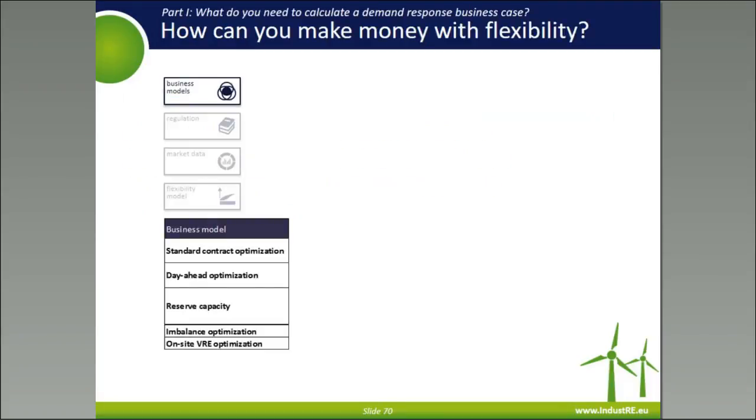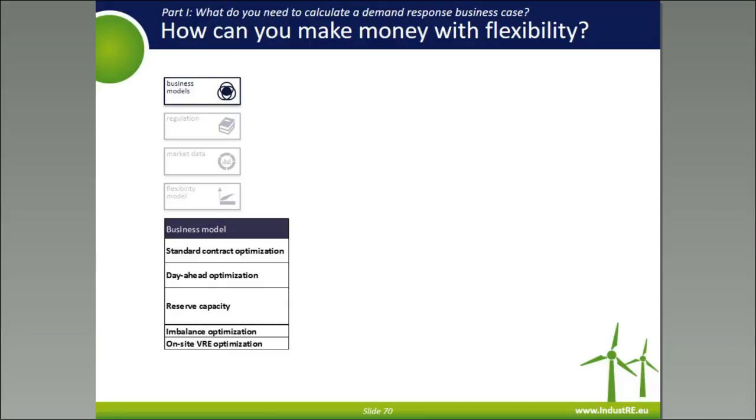Calculating a demand response business case is basically combining quite a lot of input. The first thing is, which business model are you going to start from? Fortunately, my colleagues from Comias did already a lot of work in the beginning of the project to line out which the main business models are, which work in the different target countries. The naming here is a tiny bit different.